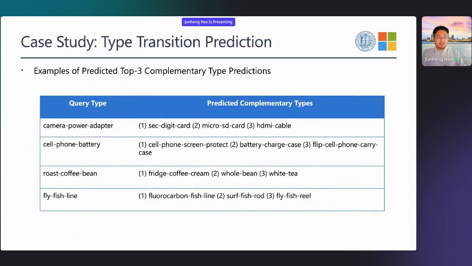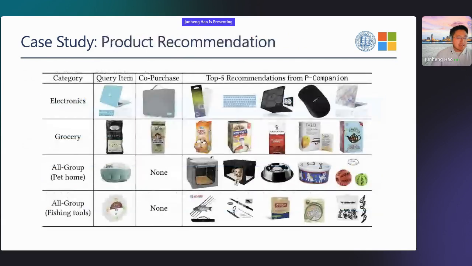So this is a verification with demos of how the types are being transited from the query type to its complementary type. And more visually, we can have results that are not from previous co-purchase data, but largely make more items qualified as recommended items given the specific query item.